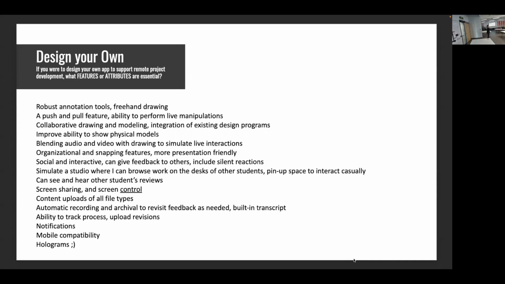Maybe isolate architecture and interiors specifically, because I think I have access to those. It's a very convenient sample. But I think this could begin to tell us why. The whole study could look at, if you had to enhance Concept Board or enhance Zoom to better serve you, what would you do? I think there's a lot here. They have some really cool ideas.